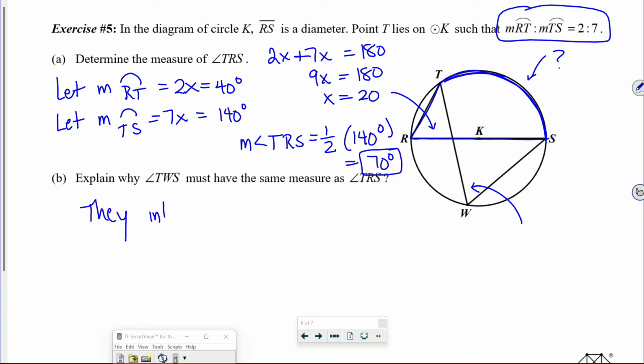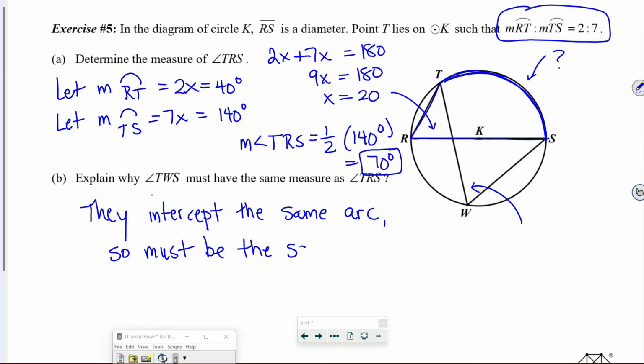They intercept the same arc, so they must be the same measure. And it doesn't actually matter that they both must be equal to 70 degrees.